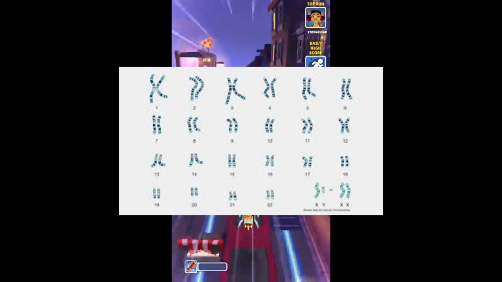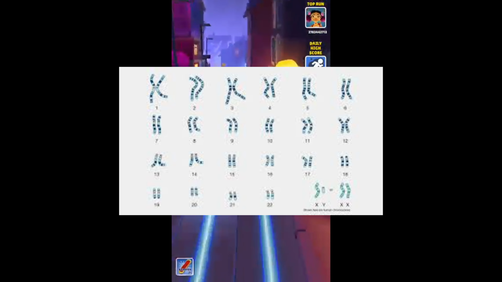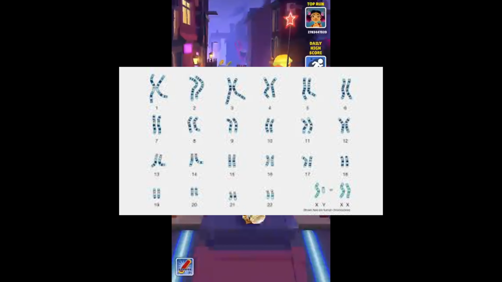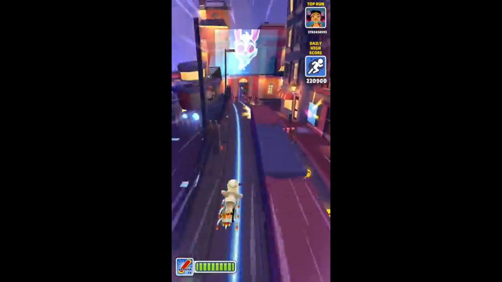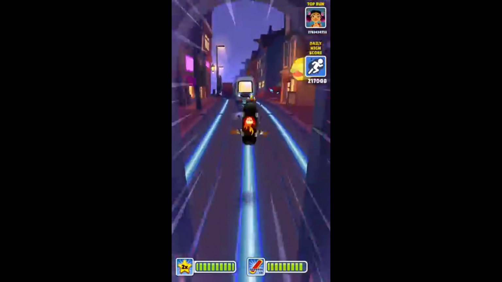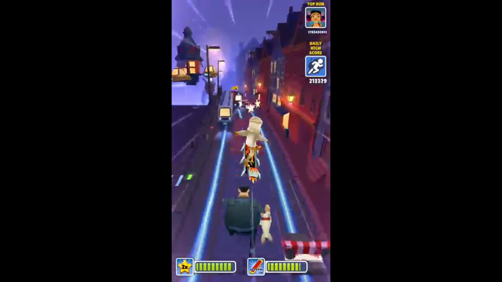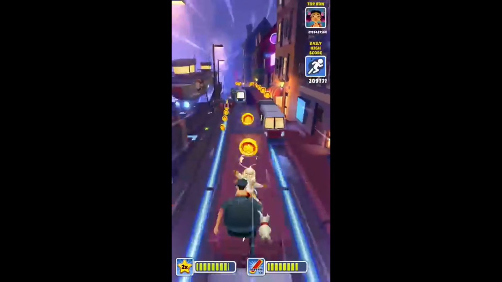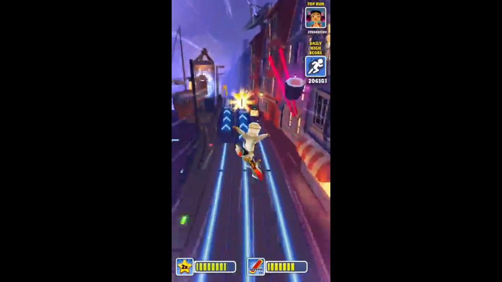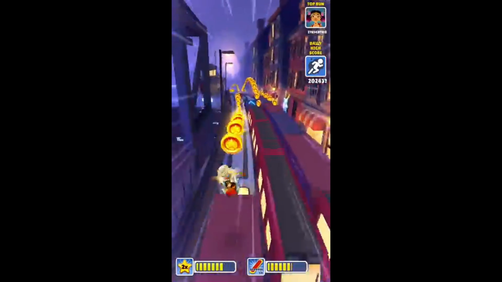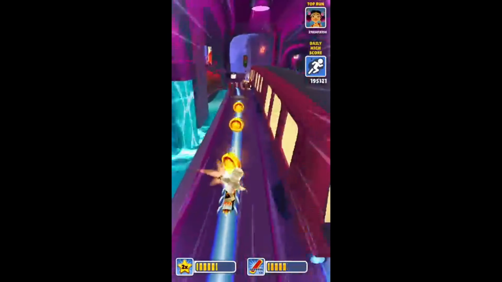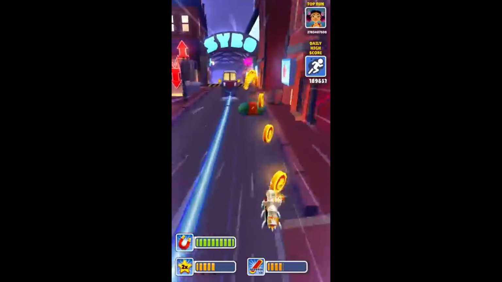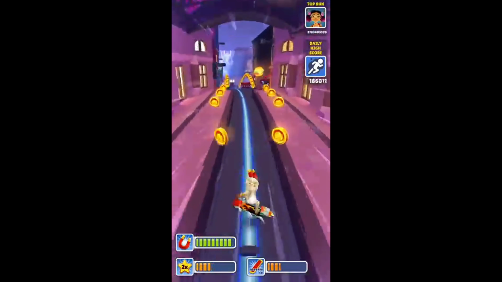A karyotype is a visual representation of an individual's chromosomes arranged in pairs from largest to smallest. It is used to detect chromosomal abnormalities including aneuploidies, which occur when there is an abnormal number of chromosomes. To interpret a karyotype, one must first count the total number of chromosomes, which should be 46 in a typical human.